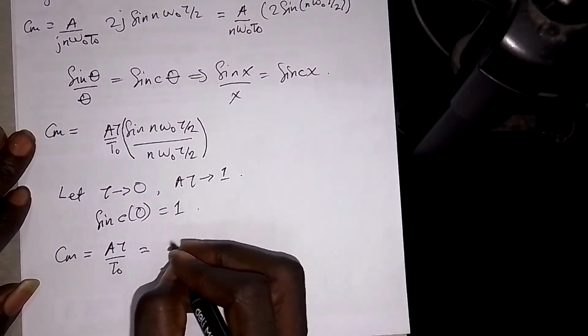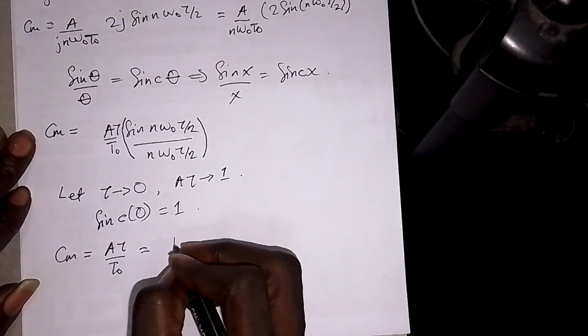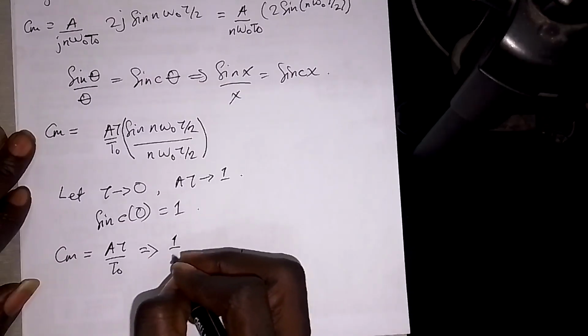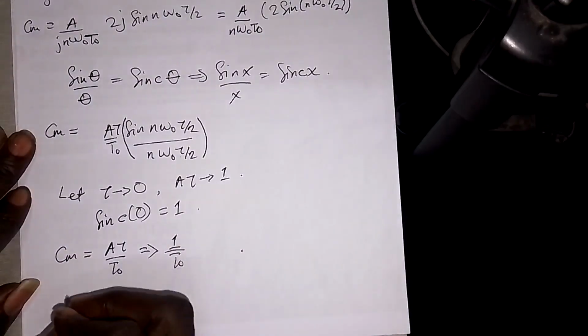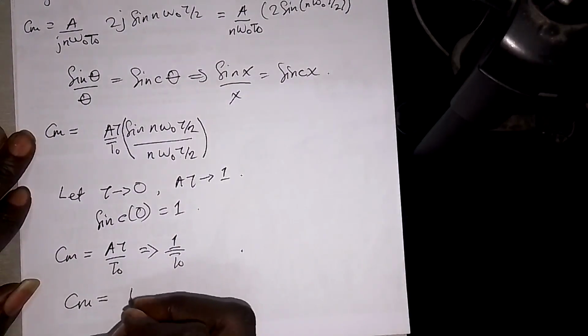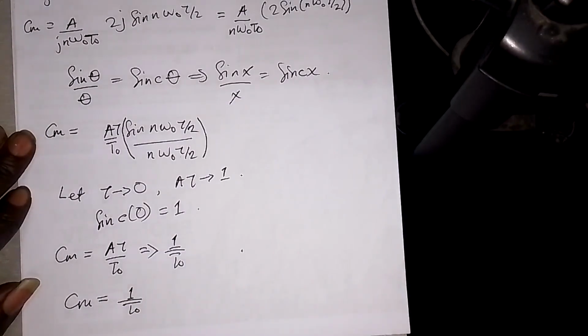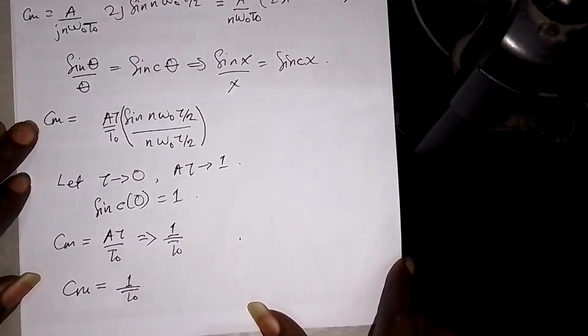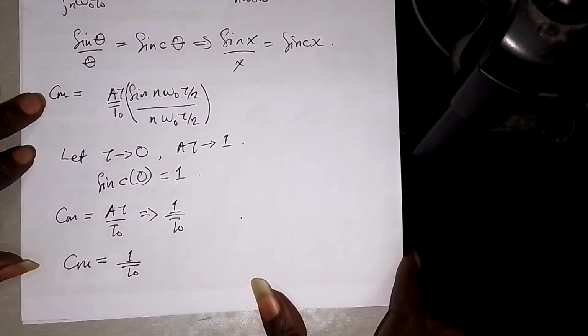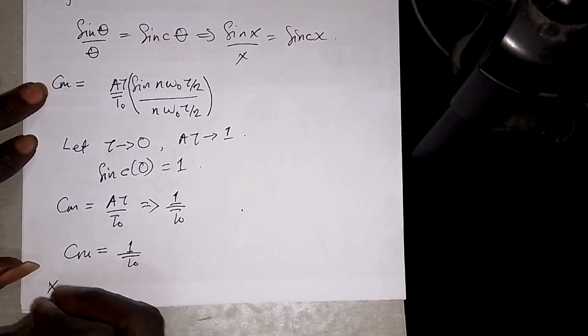That means my Cm is 1 over T naught. In that case, what do I get my x of t to be?